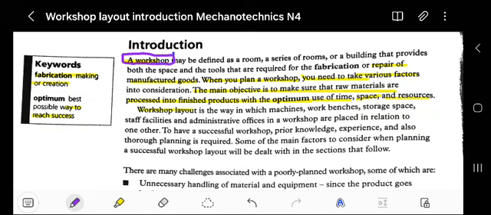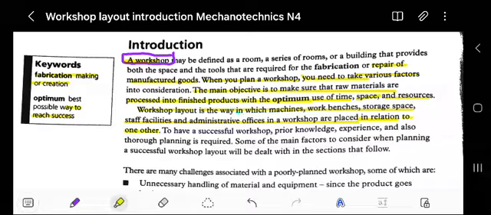Now, what about workshop layout? Workshop layout, let's say, is the way in which machines, work benches, storage places, staff facilities and administrative offices in a workshop are placed in relation to one another.